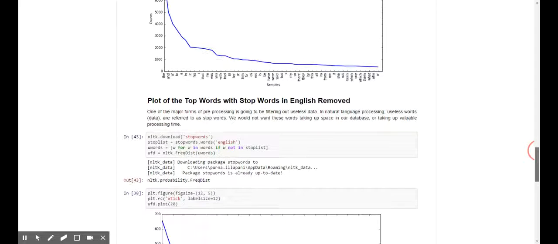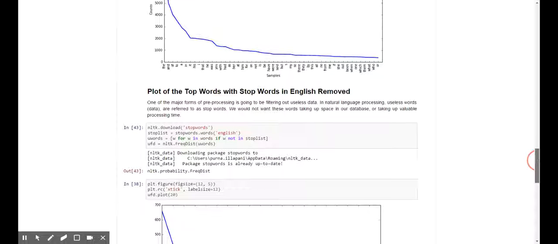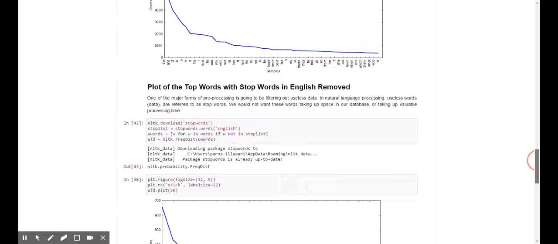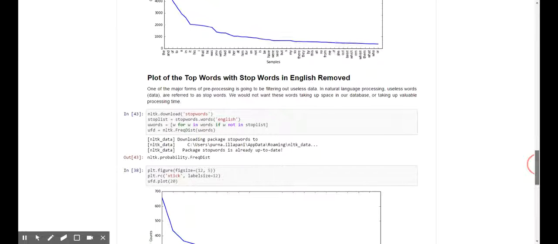We then try to remove the stop words. We need to filter out some useless data, also referred to as stop words, so that they do not take up space and do not take any expensive processing time. Now, this is a small corpus text, but imagine if we were processing a huge volume of text, millions of words, this would definitely be handy.